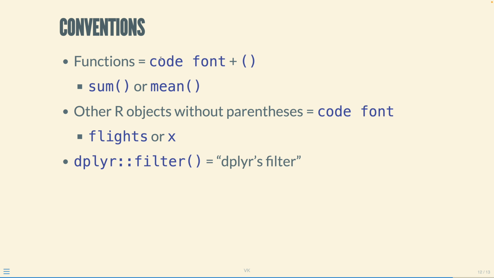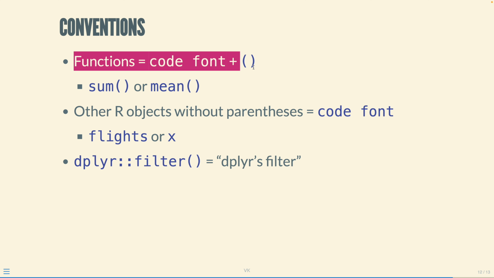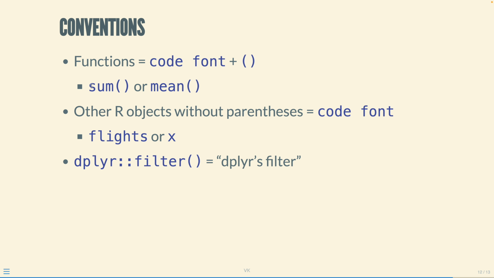There are conventions that will be used in my slides, also in the book, that any kind of function is going to be written in the code font, and it will be followed by a parenthesis. So here's an example. If I wanted to sum something, then I'm writing sum, which is the function, followed by a parenthesis.